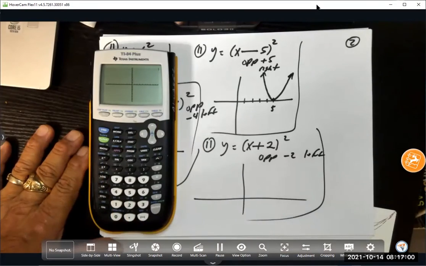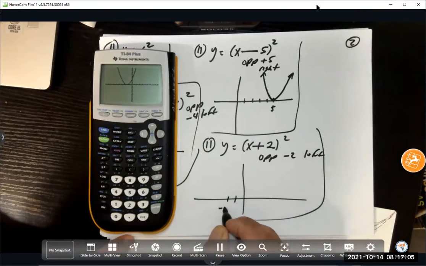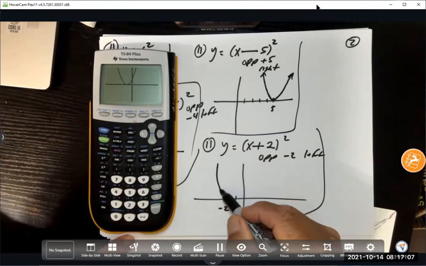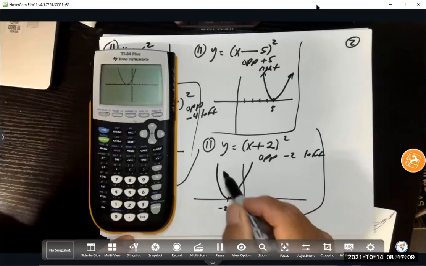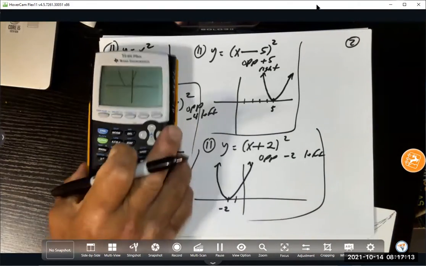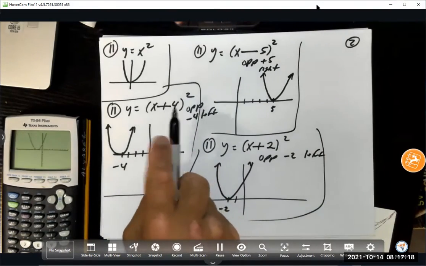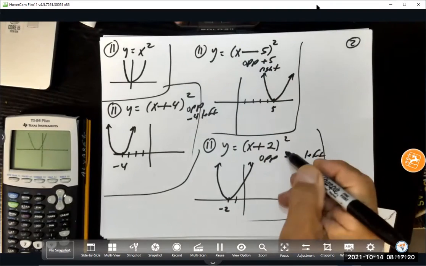Hit graph. It's gonna go 2 spaces this way. 1, 2. This hits there, and it goes back up. Y'all get that right there? Yes. So when you put it inside like this, it does the opposite. So it does the opposite.